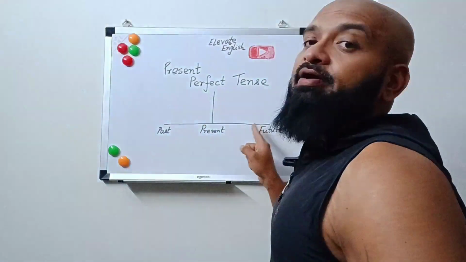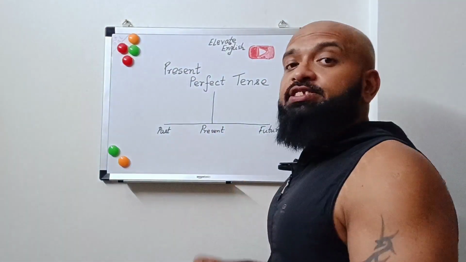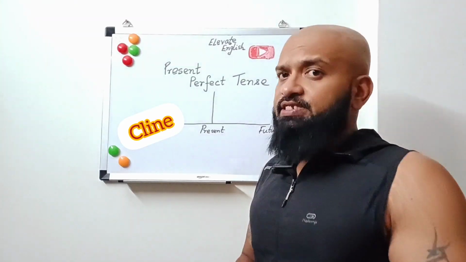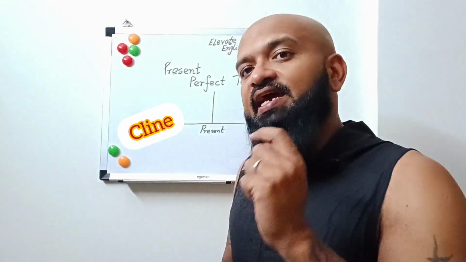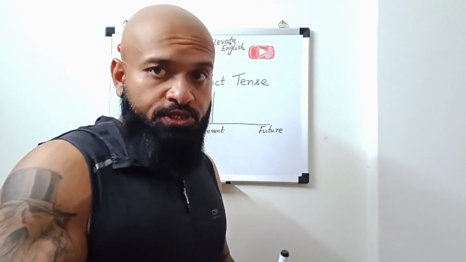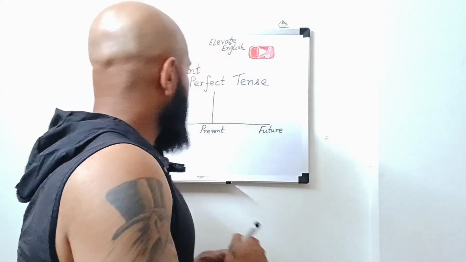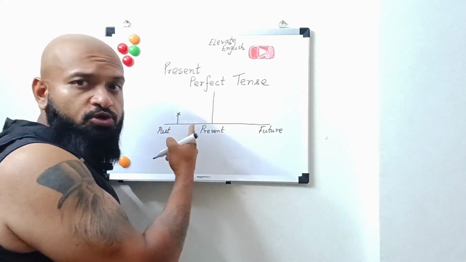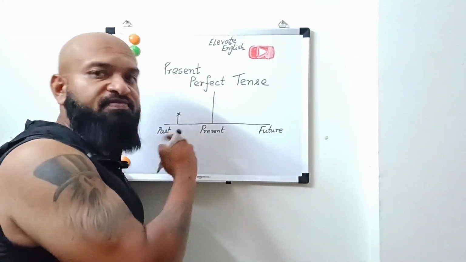This diagram that you see here is called a cline. What is it? C-L-I-N-E. It's called a cline. Now I'm going to tell you what present perfect tense exactly is using this cline. Let's assume that this is my activity.